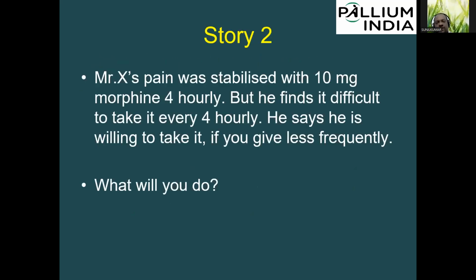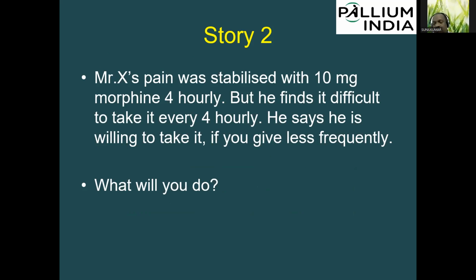Now, because our patient had severe pain, we started him on 5 milligram, then he needed 4 SOS doses of morphine. So we increased the dose of morphine to 10 milligram every 4 hourly. But the patient says it is very difficult for me to take it every 4 hourly.